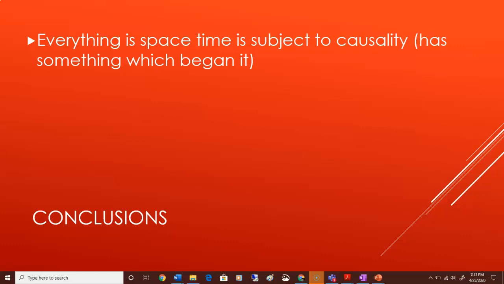So when we take a look at some of the conclusions of this, everything in space and time is subject to causality. It has something which began it. C comes after B. B comes after A. But eventually you get to a point where, well, what started A? But this is again within the definition of the timeline. When you take a look at that analogy of C comes after B, B comes after A, well, what comes before A?